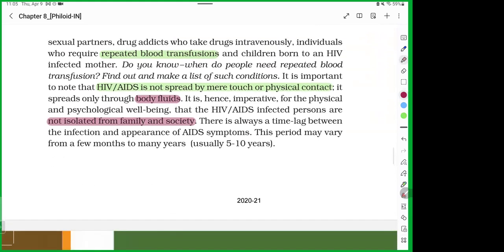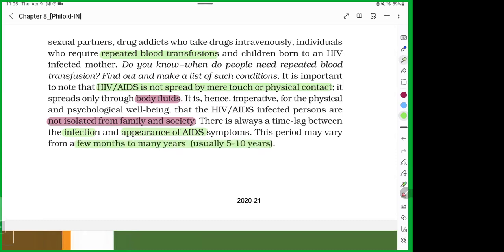Correct? And there may be a time gap between the infection and the appearance of symptoms. This is the biggest problem with HIV. Maybe an HIV patient had the entry of the HIV virus 5 years back or 10 years back, but now after 5 years they are showing symptoms. Correct? So this period can vary from a few months to many years, even 5 to 10 years.